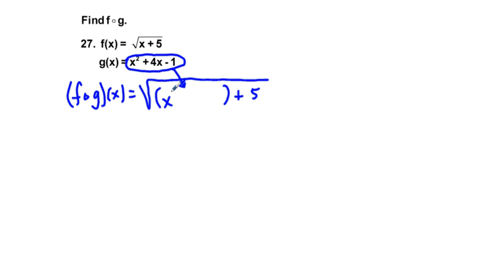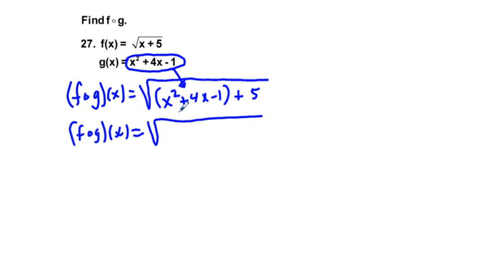Just adding these together, f of g of x is equal to square root of x squared plus 4x, and we have negative 1 plus 5, which is plus 4.